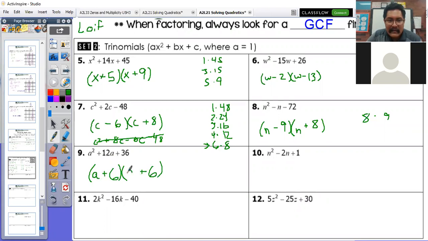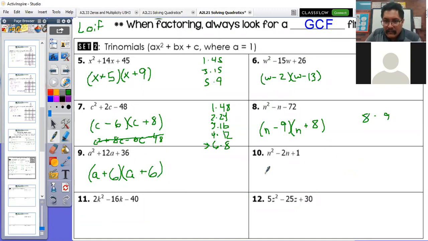So A and A. Let's check it really quick. A times A is A squared. A times 6 is 6A, plus 6A is 12A. 6 times 6 is 36. So we are actually done with this one here. That is the number factored. Now there is one more step we could do, but I'll go over that in just a second.